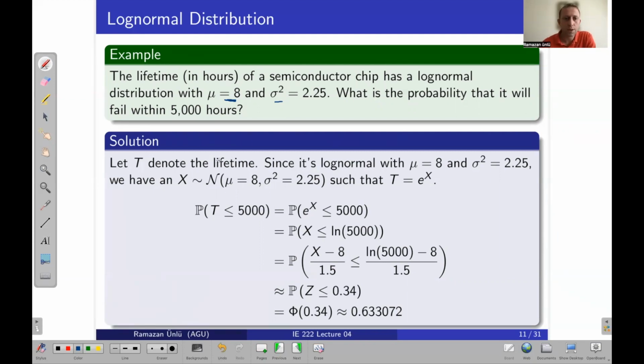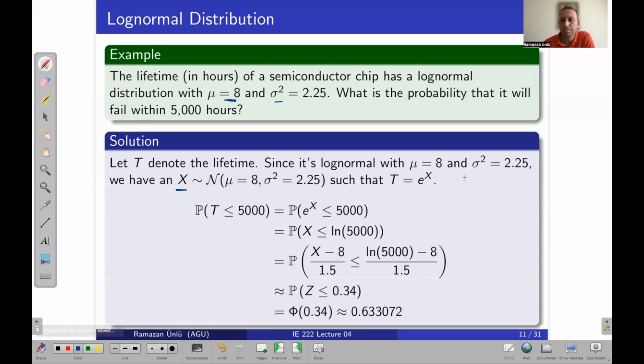Let's look at the solution, and let t denote the lifetime. Since it's log normal with mu equal to 8 and sigma squared equal to 2.25, we have a random variable x which is normally distributed with parameters mu equal to 8 and sigma squared equal to 2.25, such that t is equal to e to the power x. Why?